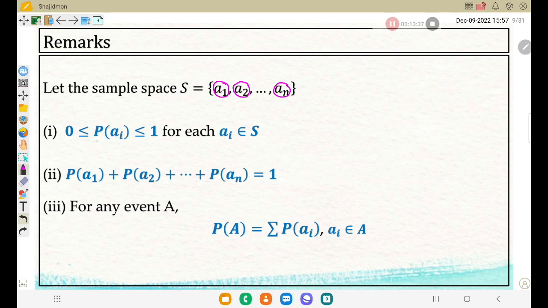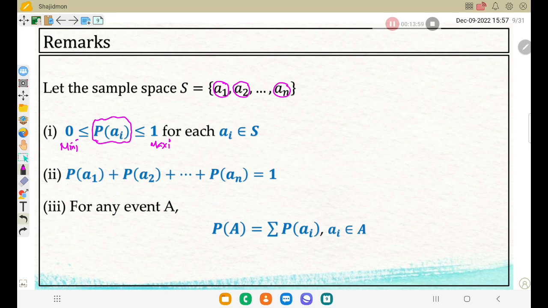The probability value of any outcome should be at minimum 0 and at maximum 1, in between 0 and 1. As I told you just before, it is the same idea. The probability of any outcome should be in between 0 and 1. That is the first remark.